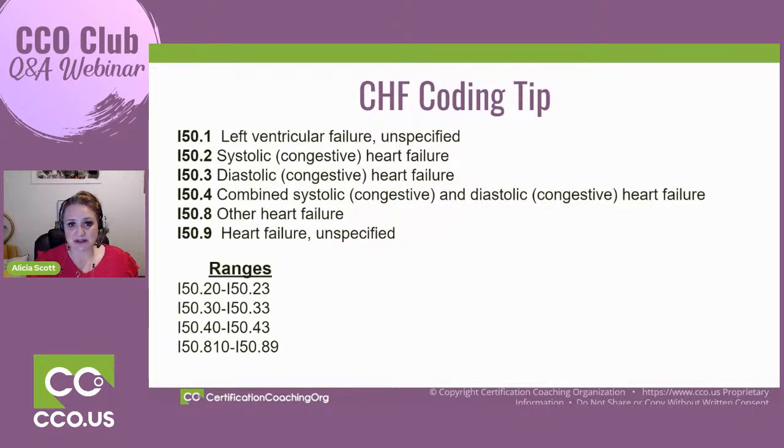Unspecified, as far as the code set is concerned, means we either don't know what stage it is or what type. So we're sending them off to get an echo, or we're sending them to the cardiologist. We're going to do some more of those tests that you saw. We need to get the EF, the ejection fraction, to determine. So again, it's unspecified, or it's just not documented, and we don't know.